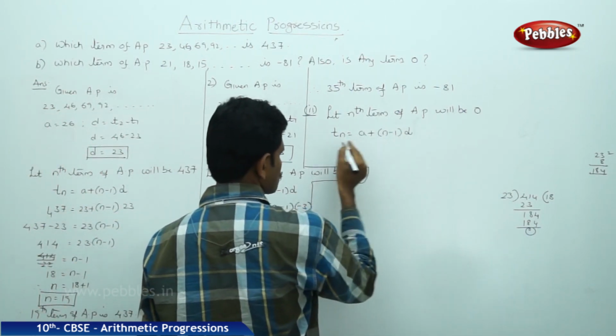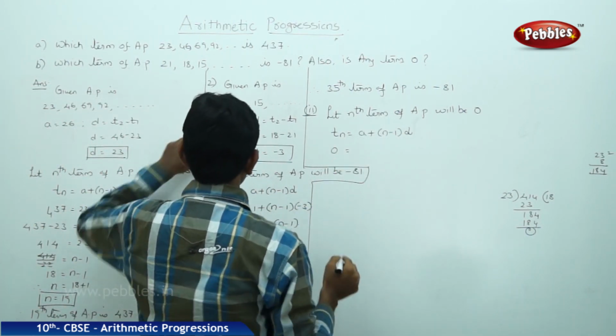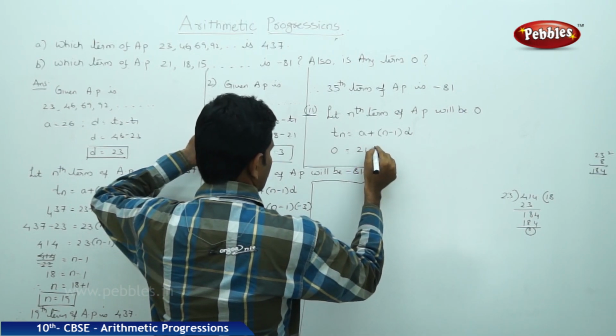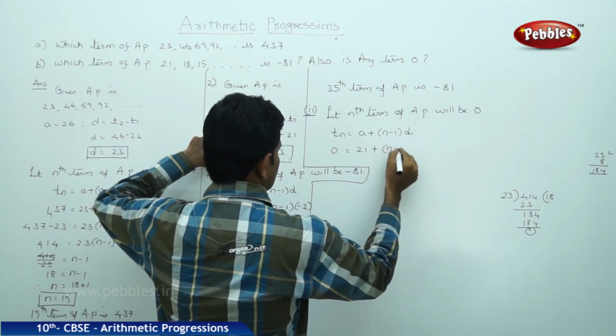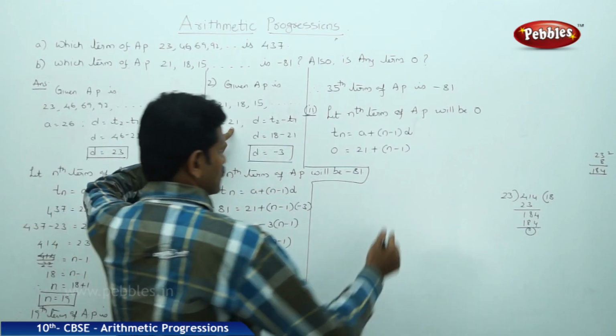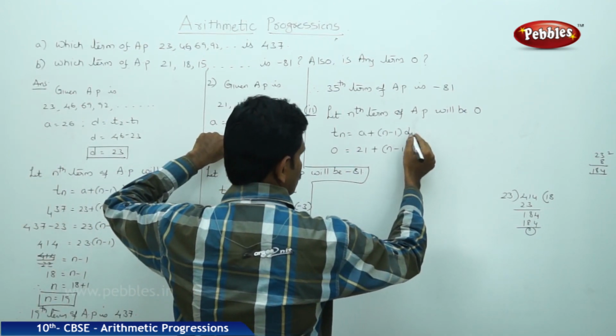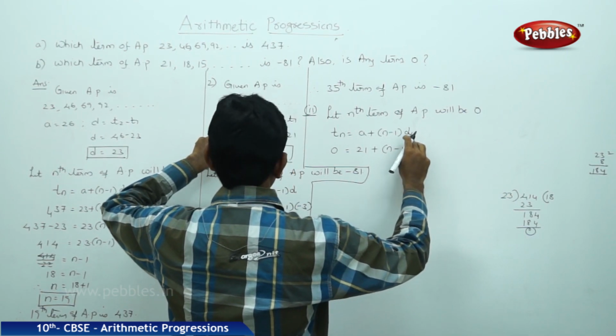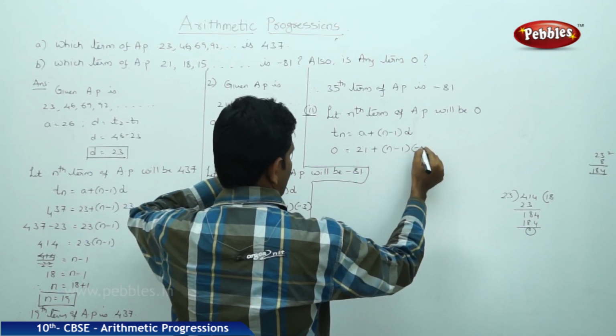The nth term is 0, the a value is 21, and we need n minus 1. What's the d value? Minus 3.